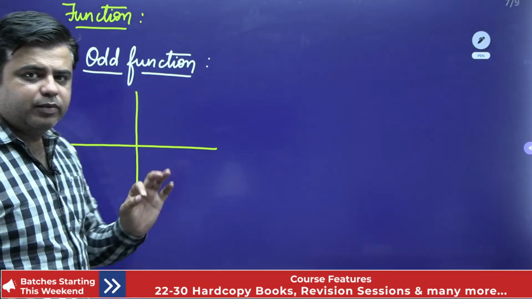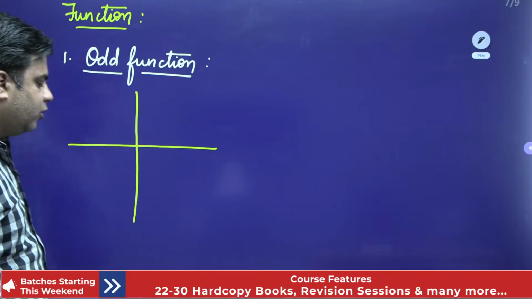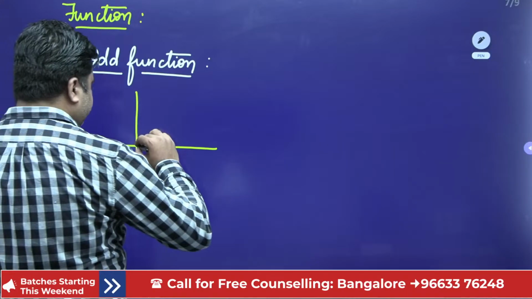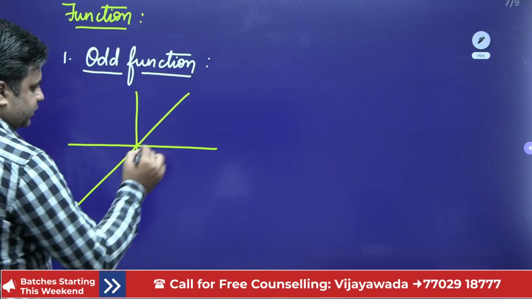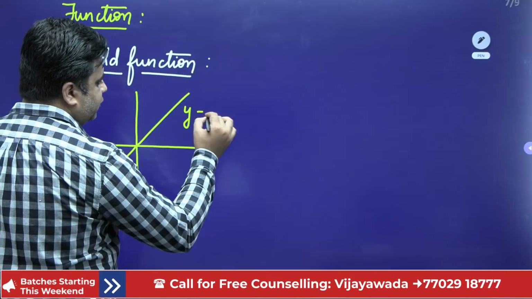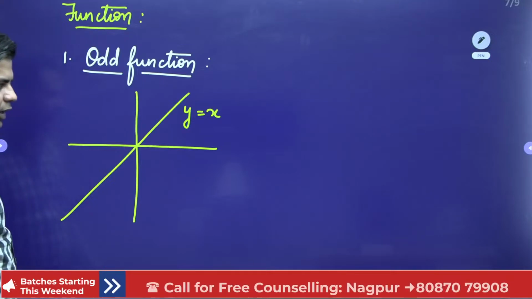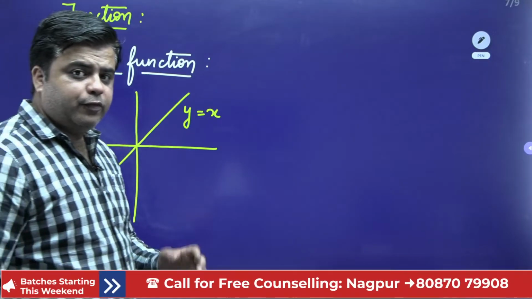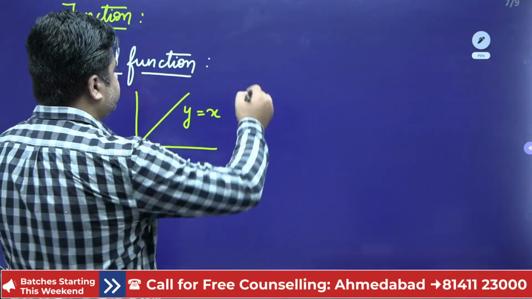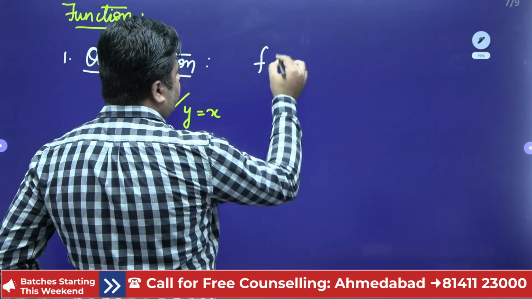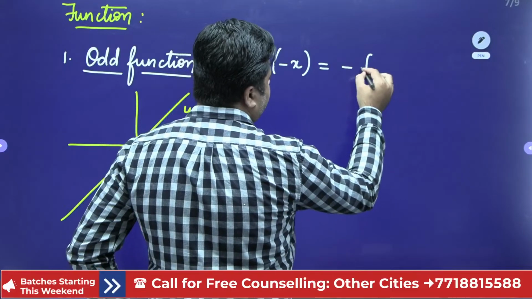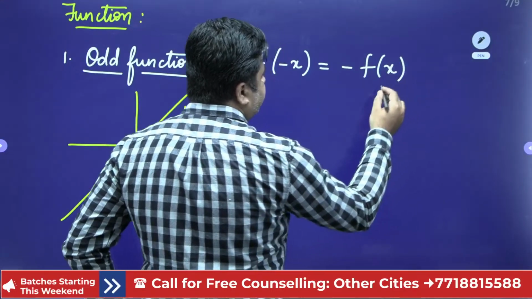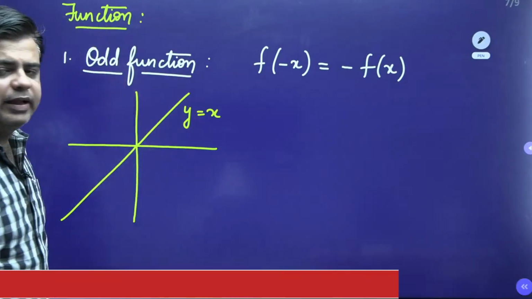I'm telling you from the very basics how to identify an odd function. Suppose you have a line y is equal to x. This is the function y is equal to x that you have. If your f of minus x is equal to minus of f of x, then this function is said to be an odd function.